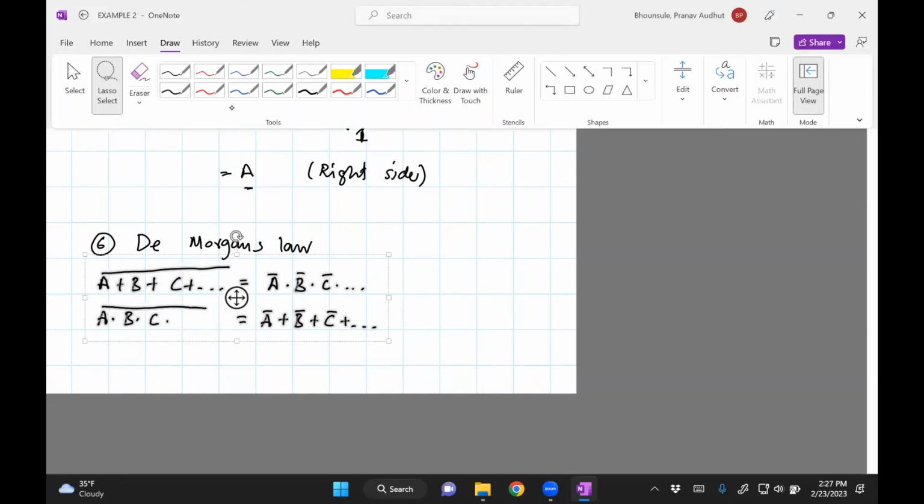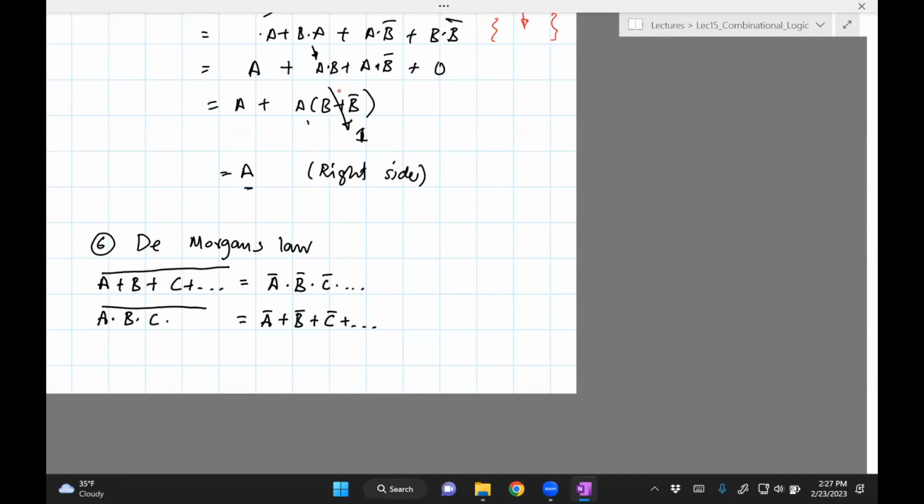Note that this is different from this expression. The difference being that in the top one, you have the complement of individual inputs, A, B, C, but down below, you have the complement of the product. The complement of the product is different from the product of the complement.